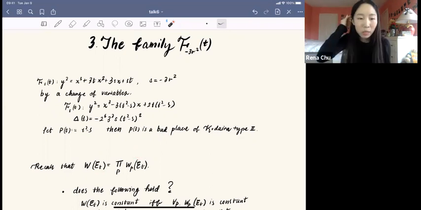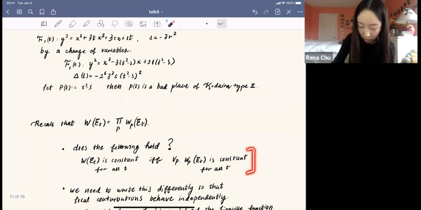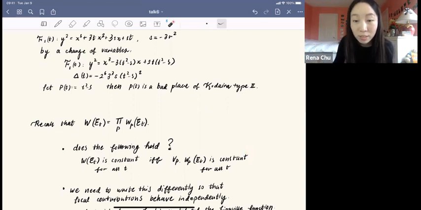So what we really want is something like this. We want that the left-hand side is constant for all t if and only if every factor on the right-hand side is also constant for all t, for every prime. So this is sort of like a local-global principle.